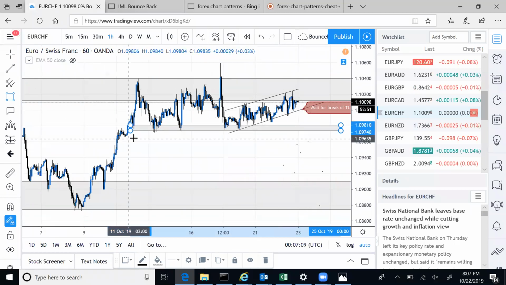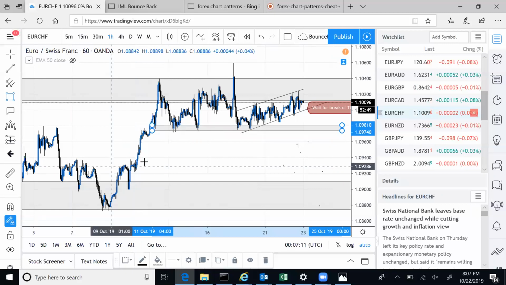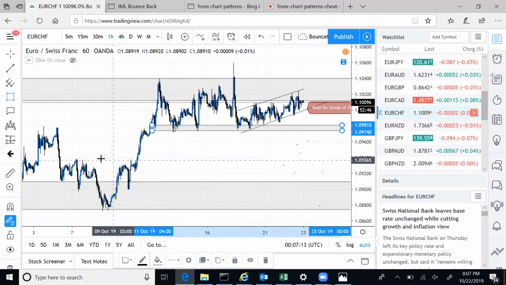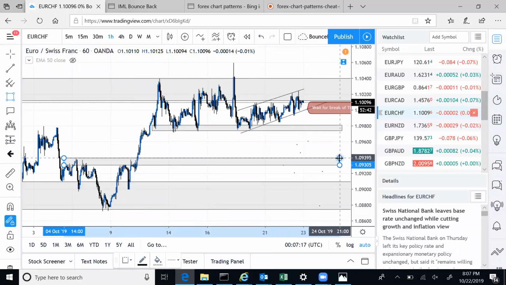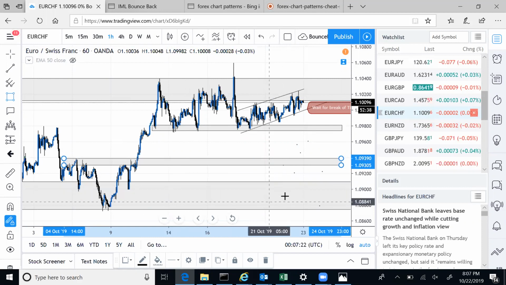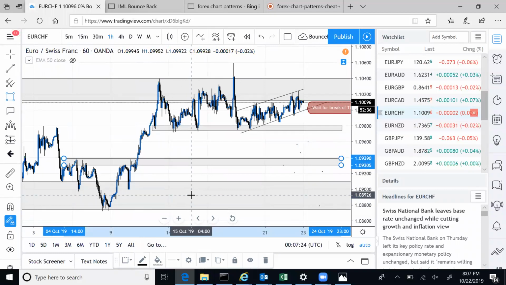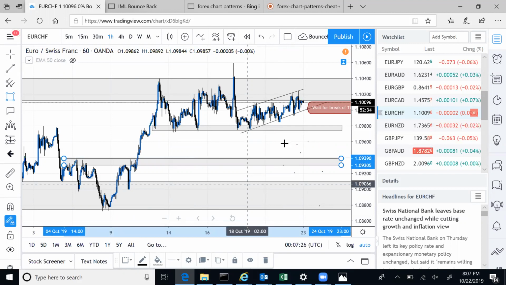And then the second TP will be coming down into this zone, from here first, and then the next one would be here, back down to daily support. So these are the three take profits here: TP1, TP2, and TP3.